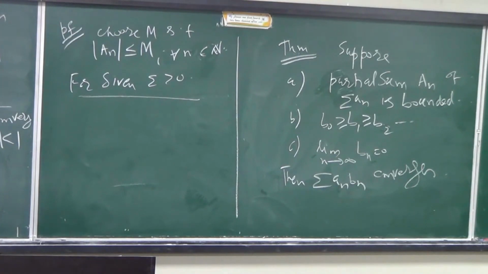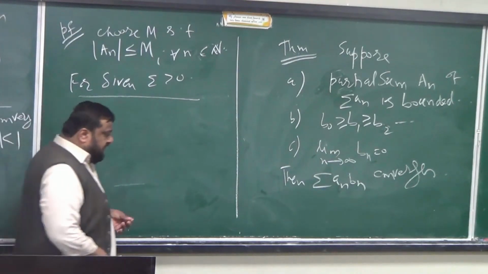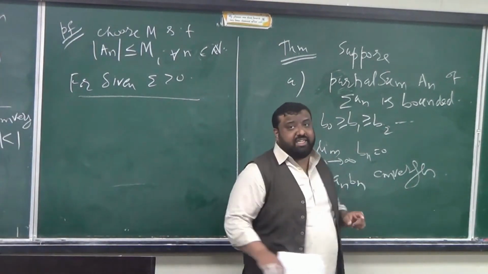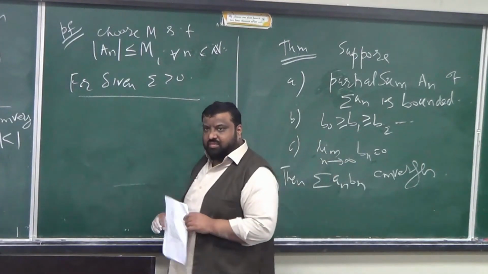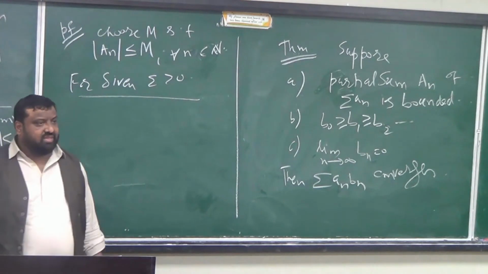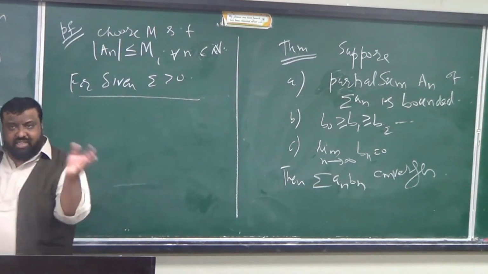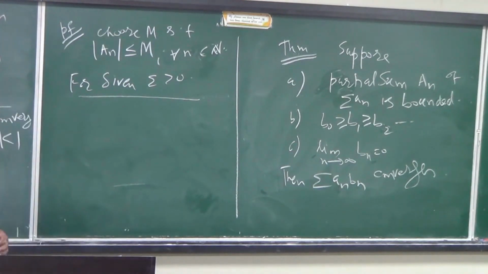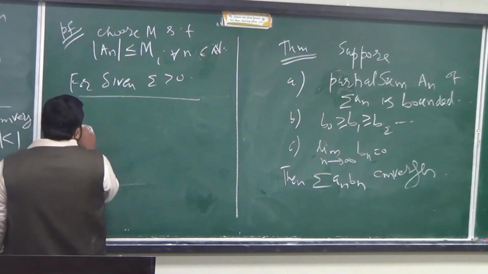So, in order to prove the convergence of a series, what is the most basic criterion that we learned actually? What was the most basic criterion? We learned the Cauchy criterion.